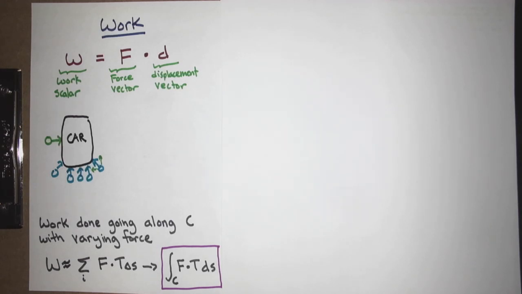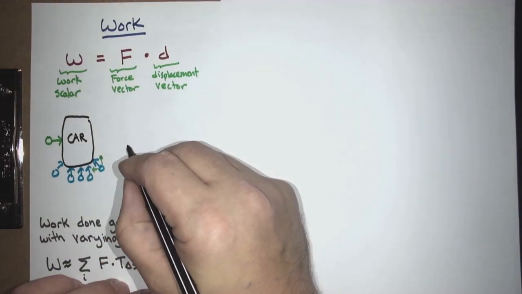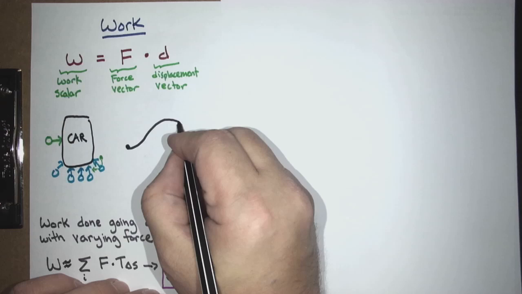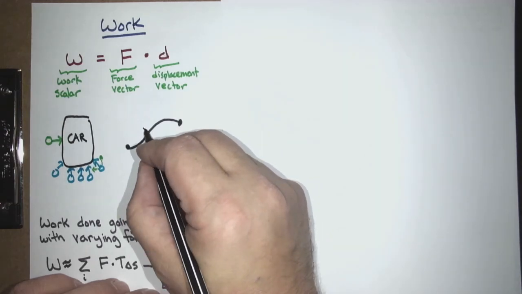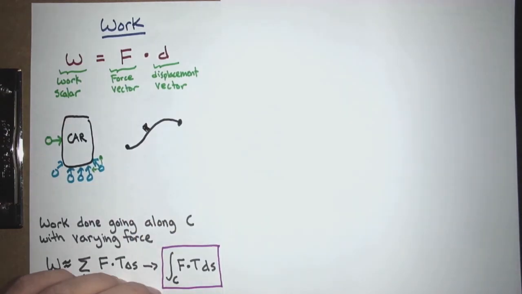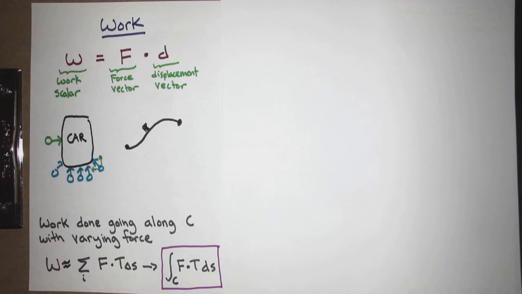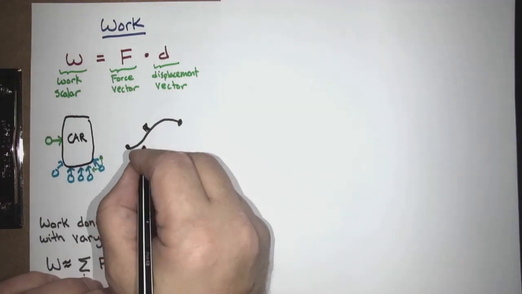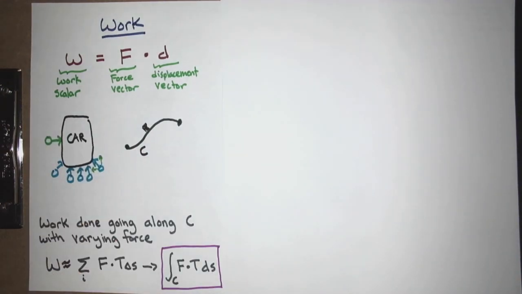Now, the idea that we're going to think about is, suppose we want to compute a total amount of work. I'm moving something along a curve. You can think about perhaps pushing a box along a curve where I start at some point and end at some other point. So here's my curve. And I want to ask, what is the total amount of work that's done?